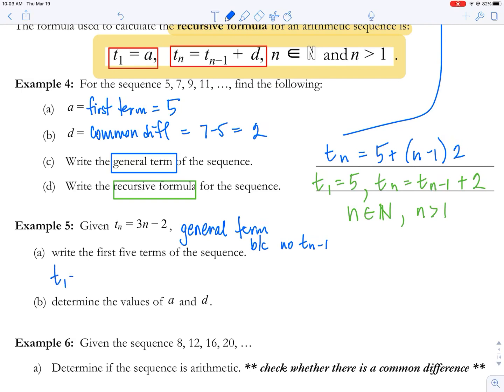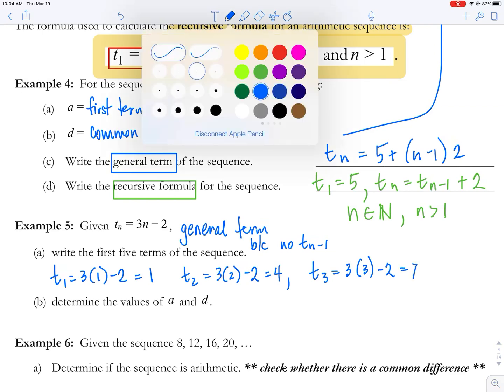So t1 would equal 3 times 1 minus 2, which is 3 minus 2, which is 1. T2 is going to be 3 times 2 minus 2, so that's 6 minus 2, which is 4. T3 would be 3 times 3 minus 2, which is 9 minus 2, which is 7.